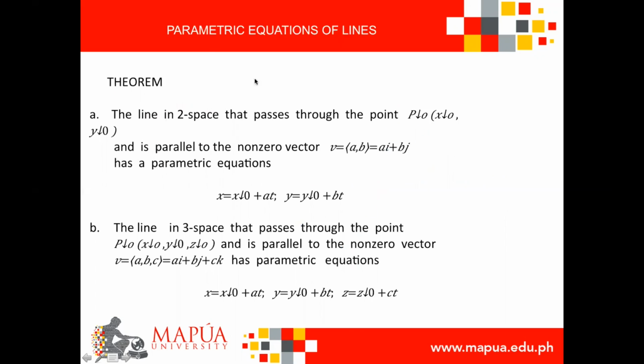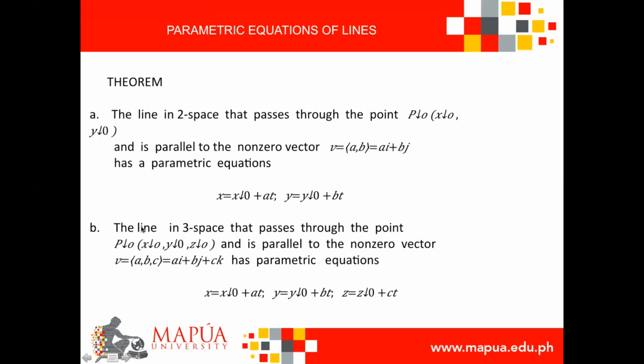So we have the following theorem. The line in 2-space that passes through the point P sub 0 with coordinates x sub 0, y sub 0, and is parallel to the non-zero vector V = ⟨a, b⟩ = ai + bj has parametric equations x = x sub 0 + at, y = y sub 0 + bt.